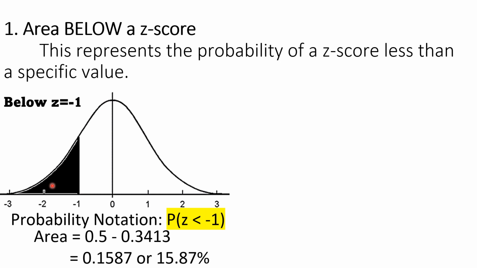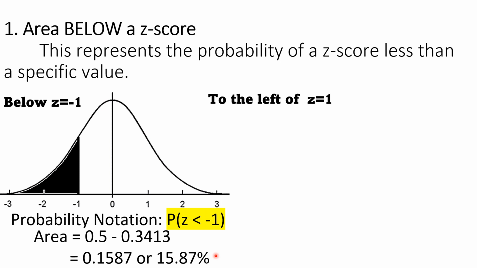By simply subtracting from 0.5, because we know that the area of half of the normal curve is 0.5. Just simply subtract 0.3413 from 0.5. Therefore, the answer is 0.1587 or 15.87%.